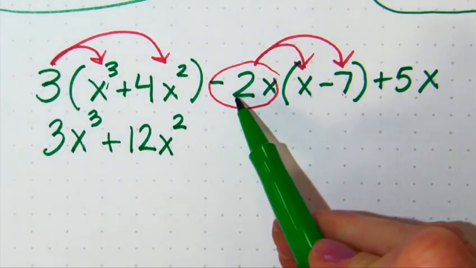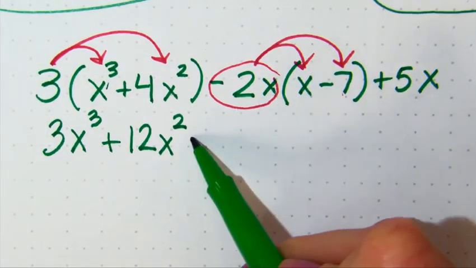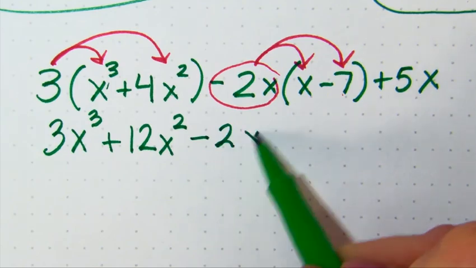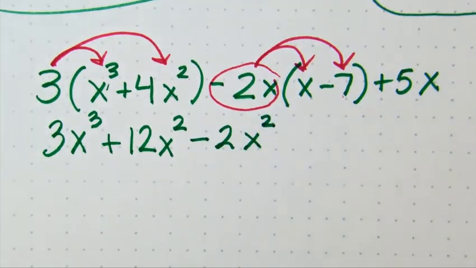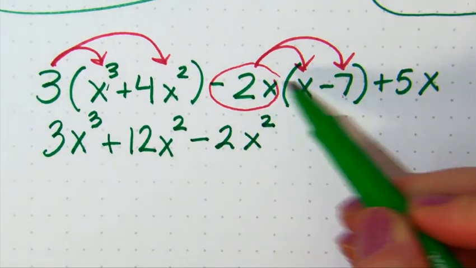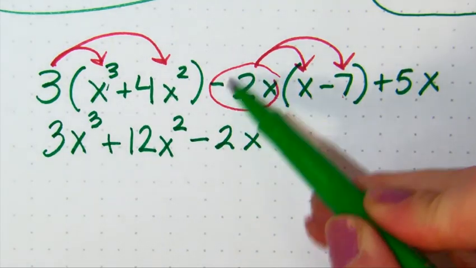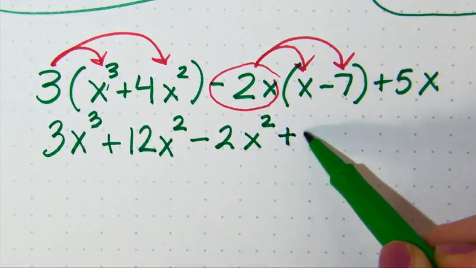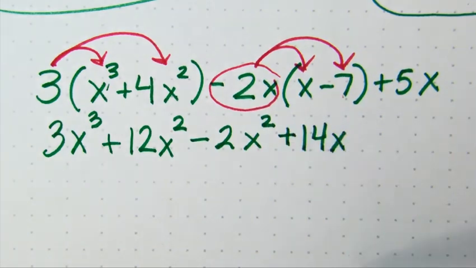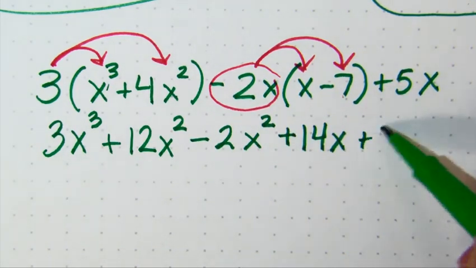Negative 2x times x is negative 2x squared. Right? Remember, when we multiply the same base, we add the exponents. Then I have negative 2x times negative 7 is positive 14x plus 5x.